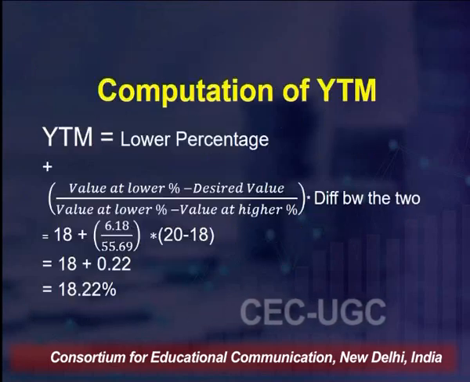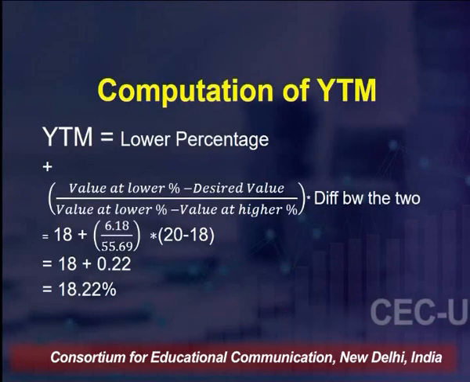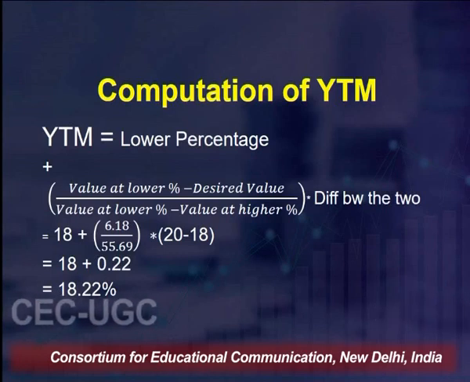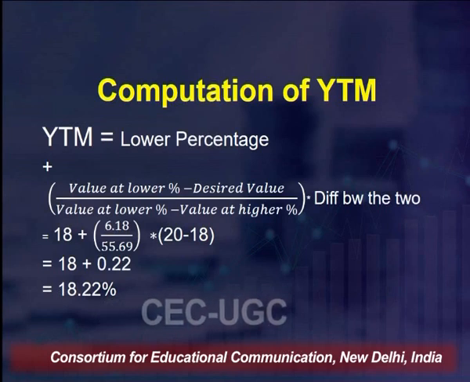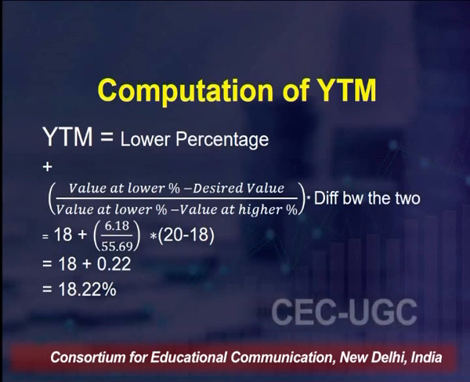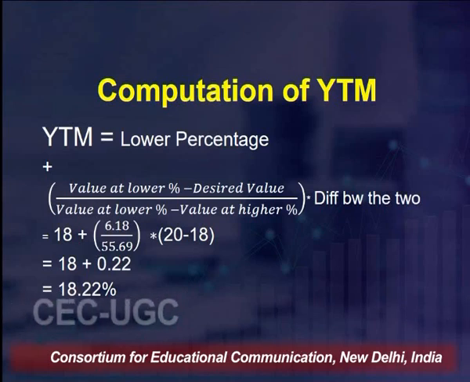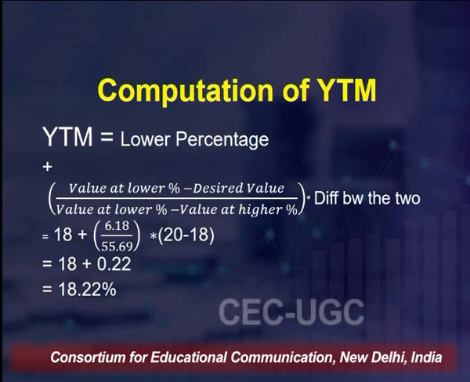Then we multiply it with the difference between the two percentages which we used for our calculations, 20 minus 18. When we put in all the values here, we get 18.22% as our yield to maturity.